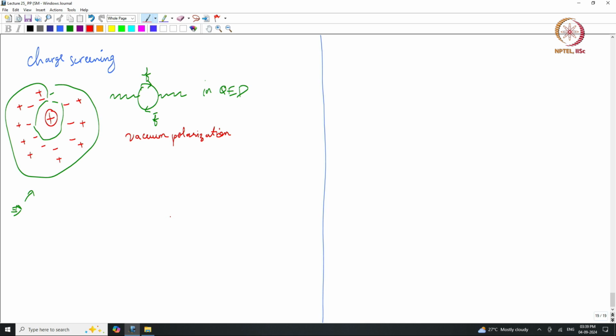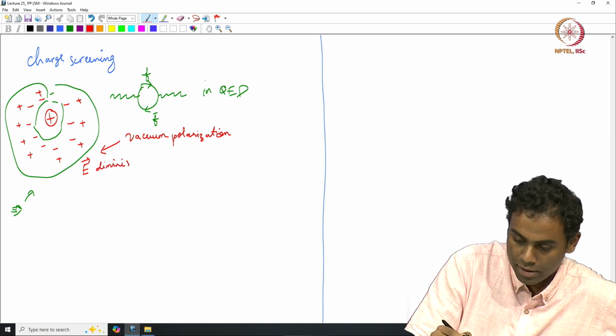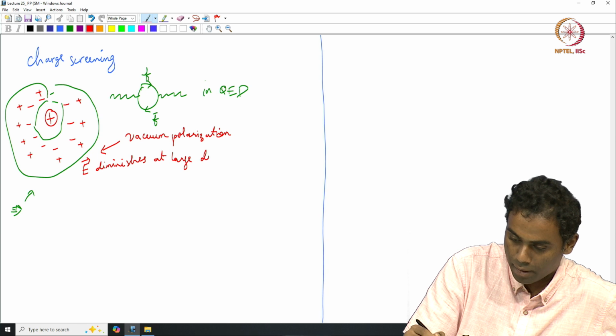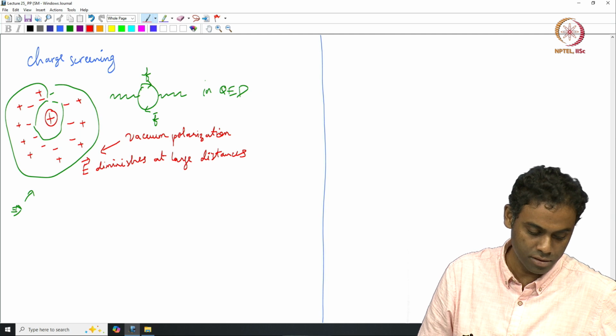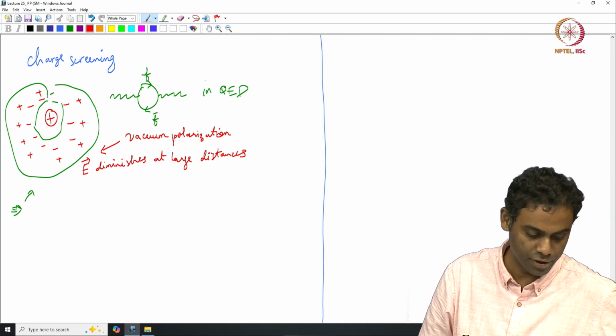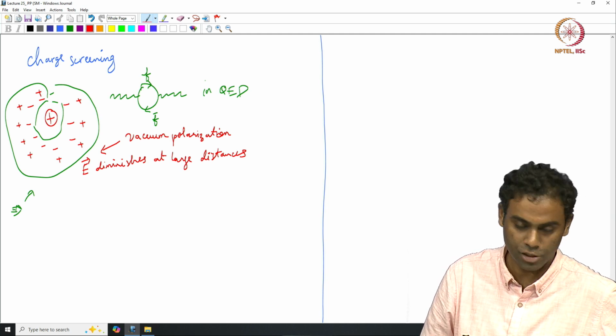So put differently, the E field effectively diminishes at large distances because of this effect. But what's the difference with QCD actually?